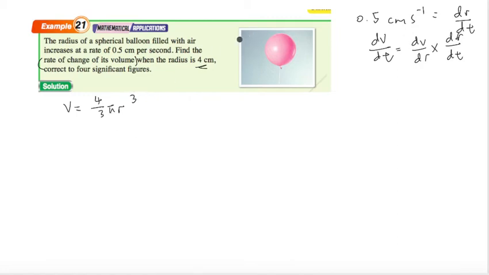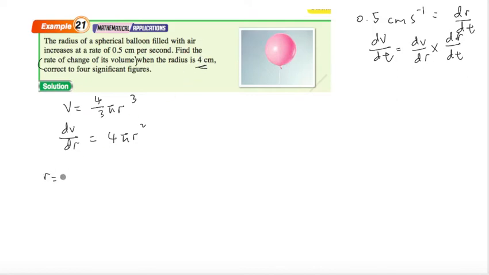Now I want dV dr. Differentiate the volume V with respect to radius r. So 4 over 3 times 3, 4 pi r square. dV dr, and r equals 4.